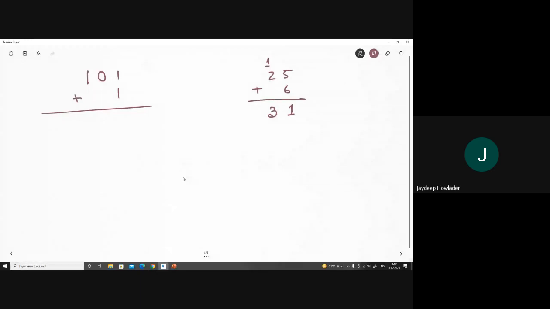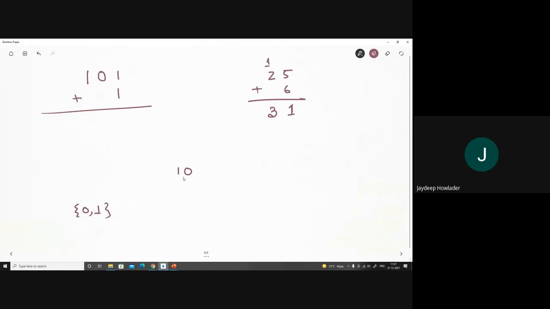But in binary I have to count with 0 and 1, so my symbols are 0 and 1. Clear? Adding 1 plus 1, what is the result? The result is 2. And 2 in binary is 1 0. So similarly, it is 11 here.